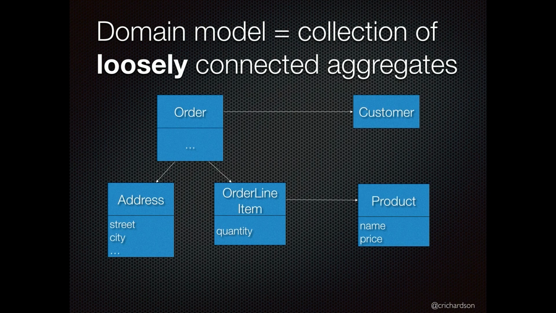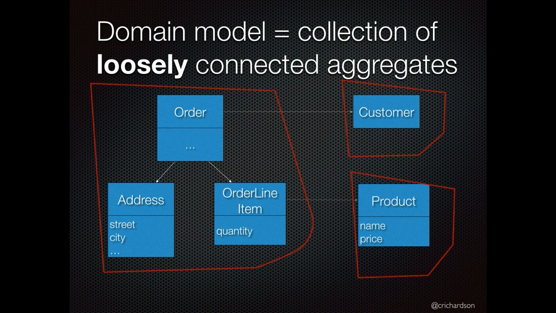If we take an aggregate-oriented view of our domain model, we split the domain model up into separate aggregates with only loose connections between them. The references between aggregates are now by primary key as opposed to object references, so there's no problem with splitting them up and putting them in different services.